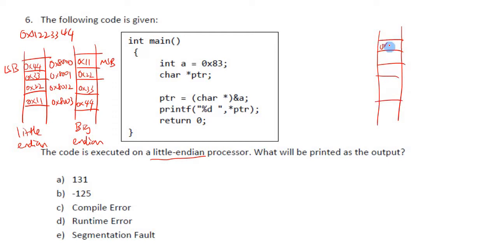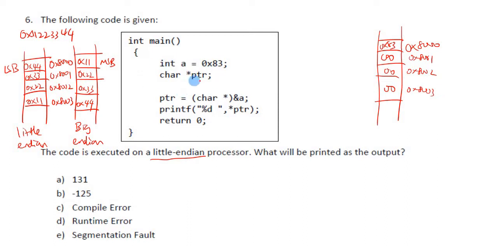So the 83 will come here, followed by 000000, assuming this is the lowest address. So let's say this is 8000, this is 8001, this is 8002, and this is 8003. Now, when I have a character pointer pointing to an integer, in the past we have seen integer pointer pointing to integer, or character pointer pointing to a character.